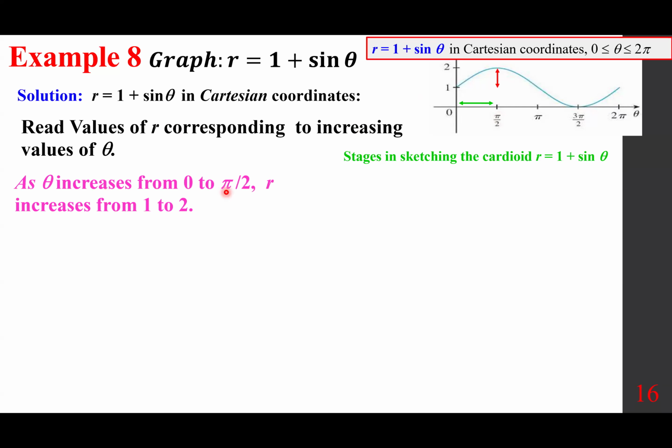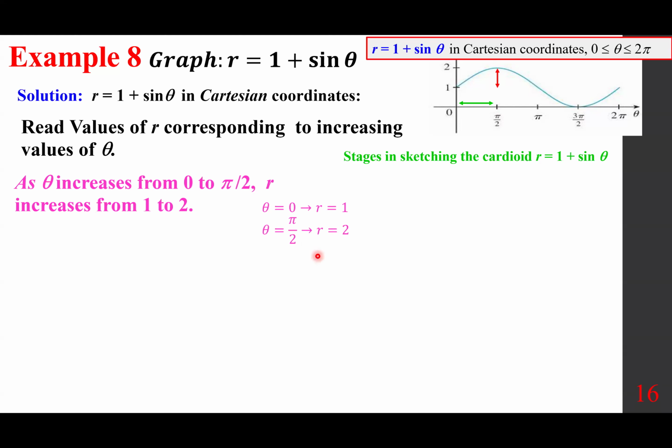As theta increases from 0 to pi over 2, r increases from 1 to 2. When theta is 0, r is 1. When theta is pi over 2, r is 2.